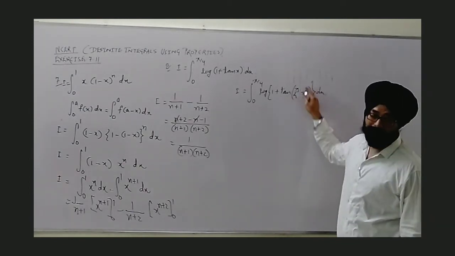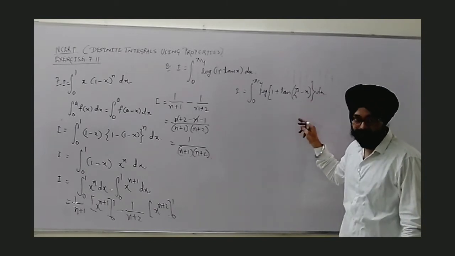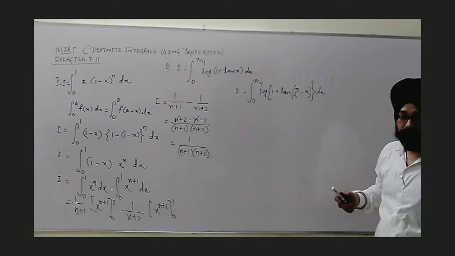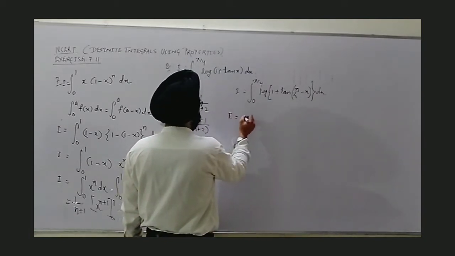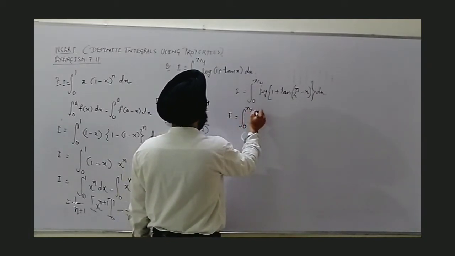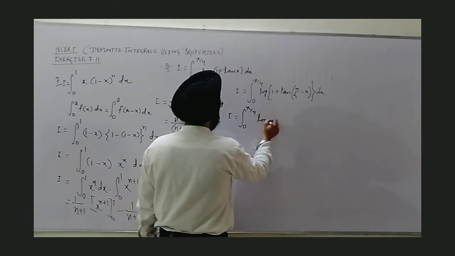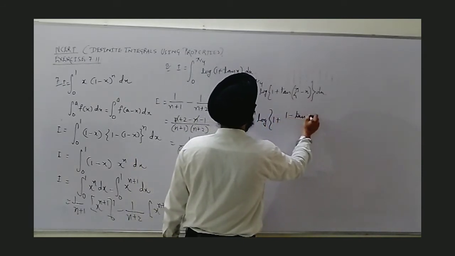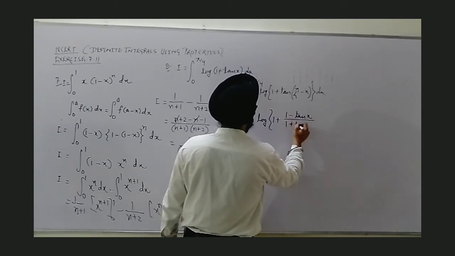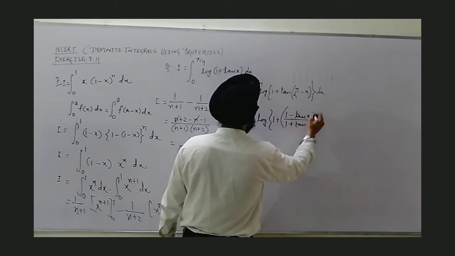We know that tan of pi by 4 minus x can be expanded by the tan a minus b identity, which can directly be used, and we can write in place of the second term 0 to pi by 4 log of 1 plus (1 minus tan x) upon (1 plus tan x).